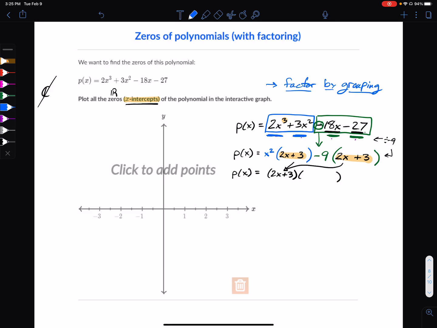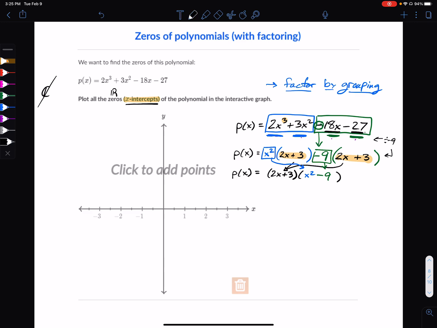Now, the x squared and the minus 9 are what compose the other factor. Okay, so you could kind of see that just float down there, and the structure that the original 2x plus 3 was factored off of is this x squared minus 9.